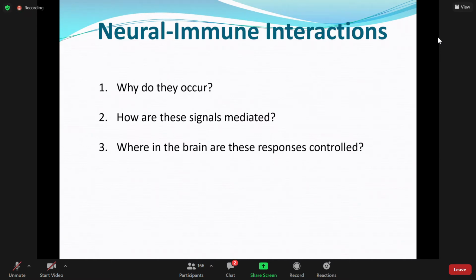So I've said why these neural immune interactions occur. Now I'll give a description of how these signals work, how these networks work, and where in the brain these responses are controlled.